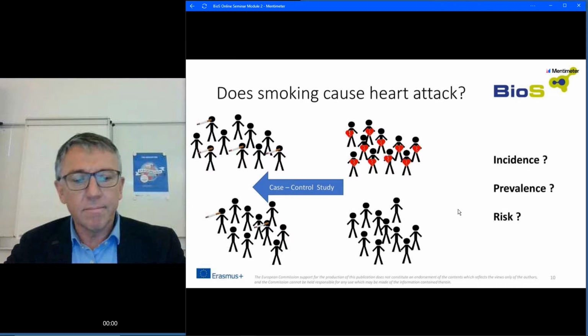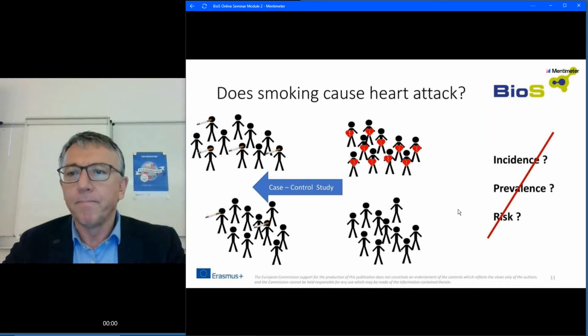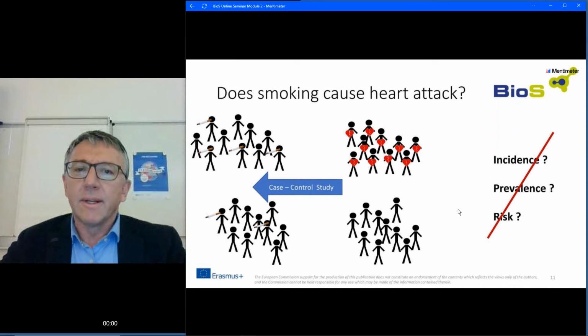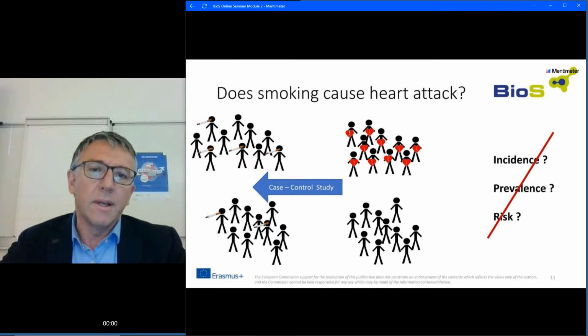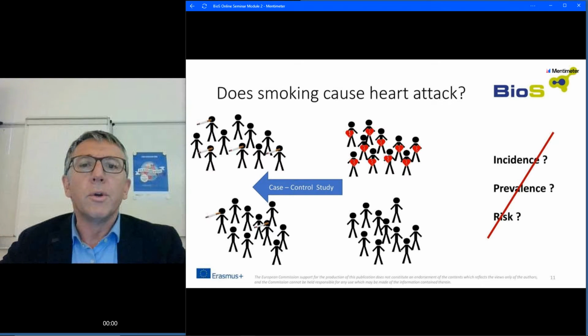And the answer is no, you can't, because it's a study that was conducted backward in time. You can't calculate risks, incidences, or prevalences, because it's just not a causative relationship you are looking at. You're just looking at factors that may have some association with the outcome, having a heart attack.